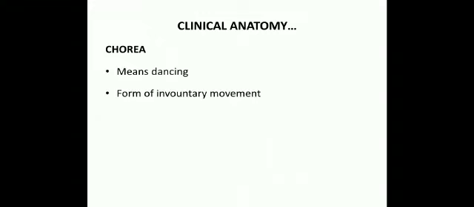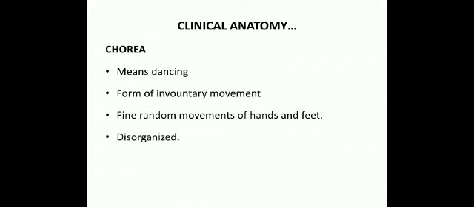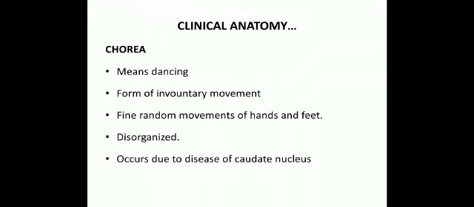The chorea, it means dancing. It is a form of involuntary movement characterized by fine random movements of hands and feet. So, these movements are disorganized. It is caused due to the diseases of the caudate nucleus.